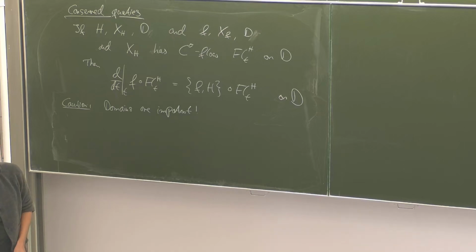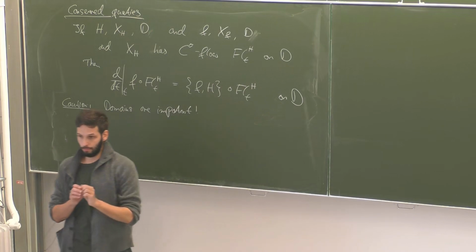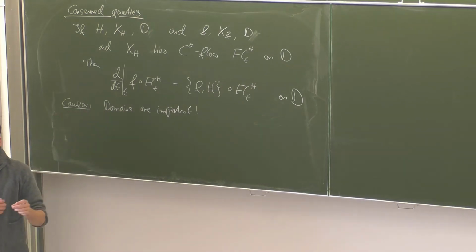So you're saying the domain intersect is not true on the intersection of the domains? Not restrict? You really want your flow to be a map on D, so it needs to map D to itself. So you don't want the domain of one of the Hamiltonians to be moved over time to a different domain, then you get problems.